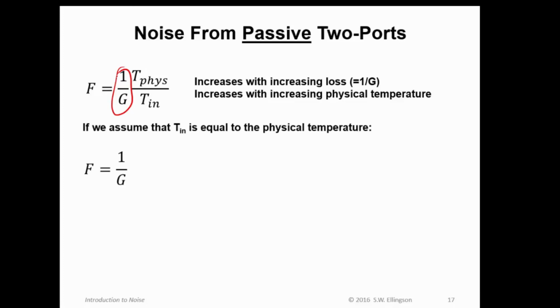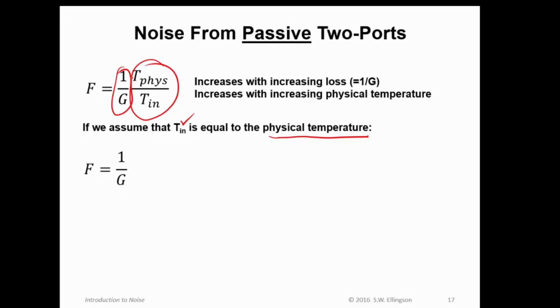Now here's an idea which is important to note because it's so often used. If we assume that the applied input noise is equal to the physical temperature, which by the way it will be if everything is passive and at the same temperature, in other words in thermodynamic equilibrium, then T_phys over T_n are equal.